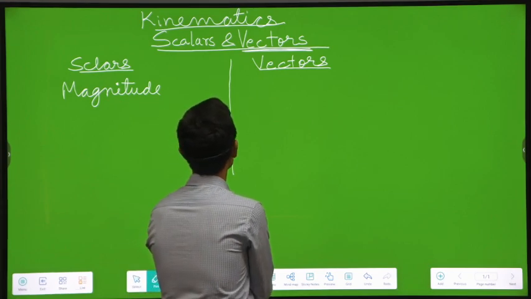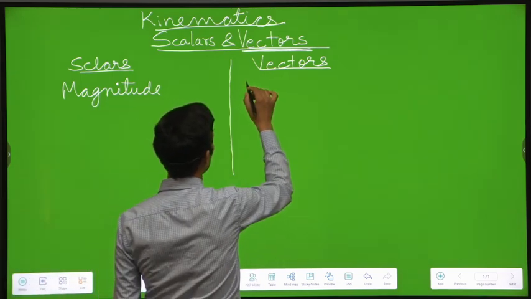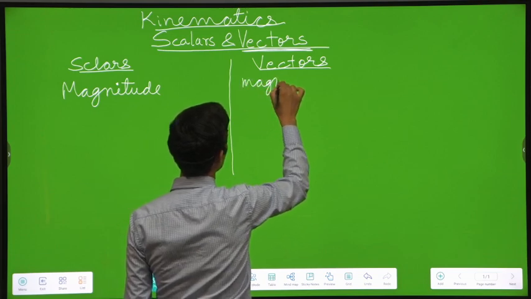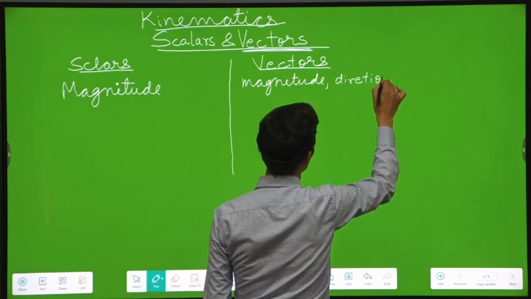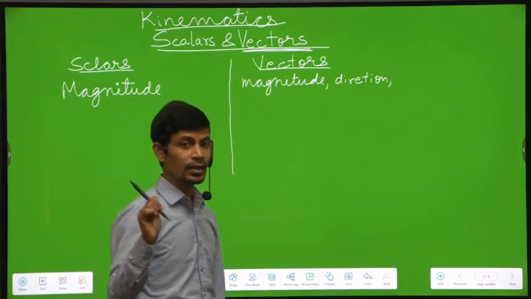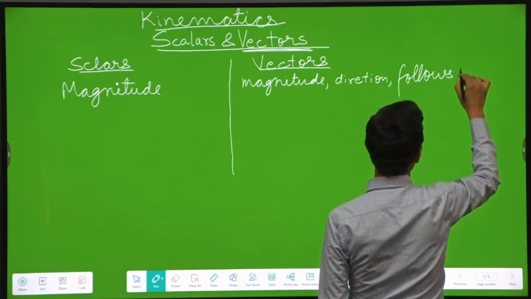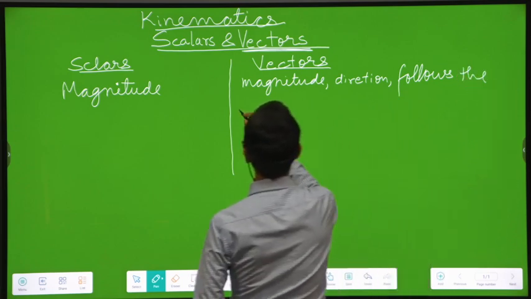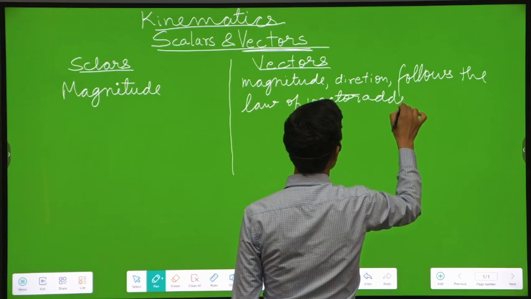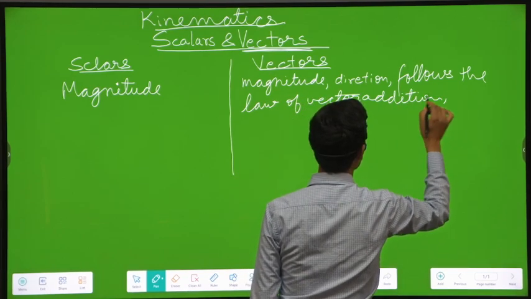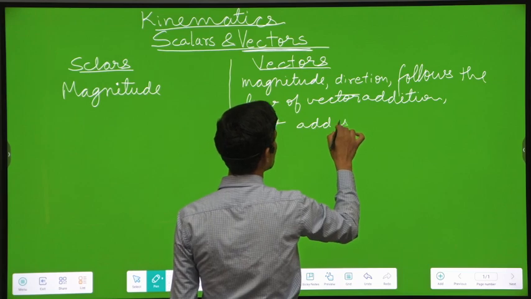Okay, now vectors. A physical quantity is said to be a vector if it has magnitude, direction, and if it follows the vector addition law, the law of vector addition, and there is a fourth condition also: its vector addition is commutative.